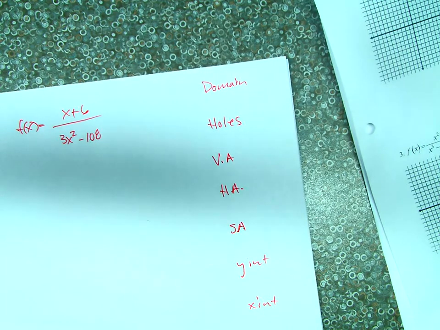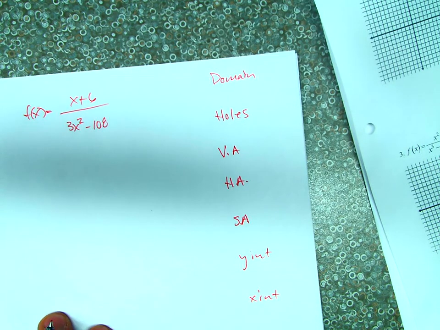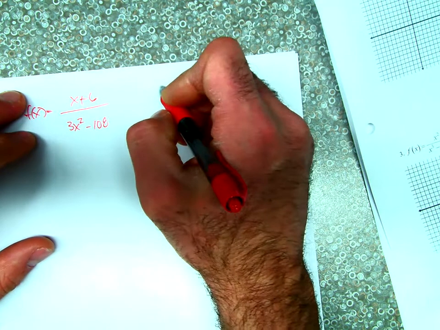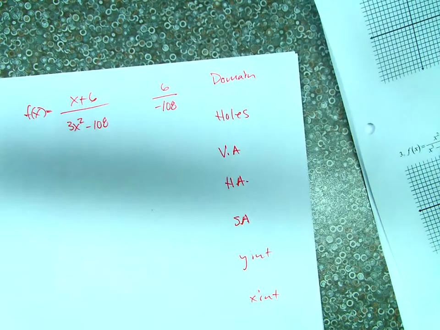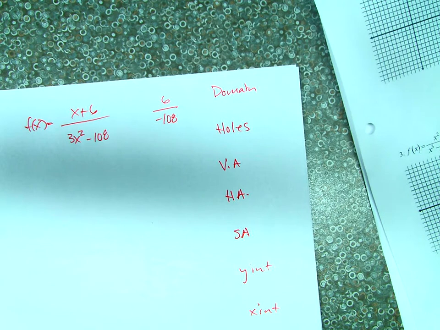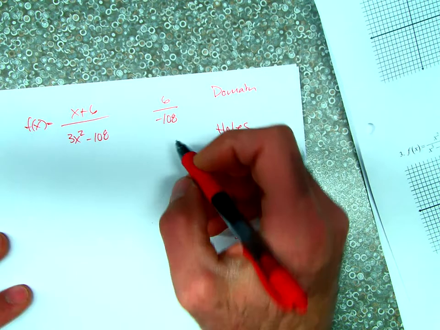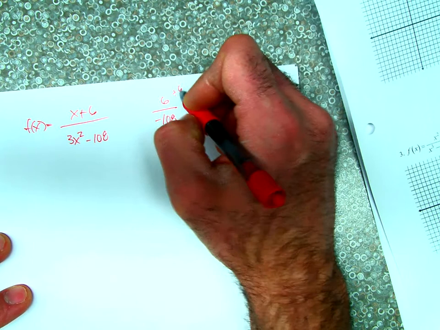Okay, right off the bat, what is our Y-intercept? It is 6 over negative 108, right? And we can fix that. Right, that's not good. We can divide the top and the bottom, I think, by 6. Right, so I'm going to divide the top by 6 and the bottom by 6.